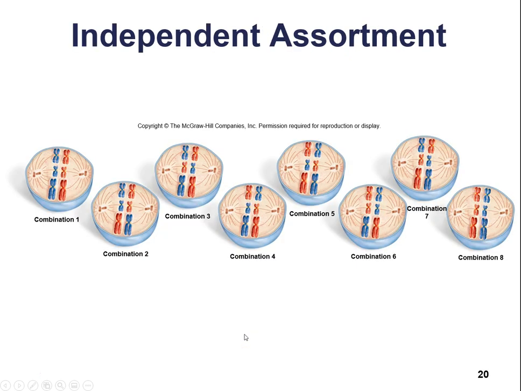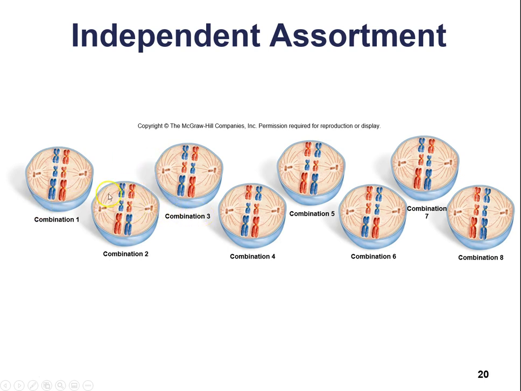So I'll show you what I mean here. During meiosis 1, those homologous pairs line up at the metaphase plate. If they're lined up this way, this daughter cell that's going to be produced over here will get these, and this daughter cell will get these. However, if they're lined up differently, this daughter cell will get these and this daughter cell will get these.